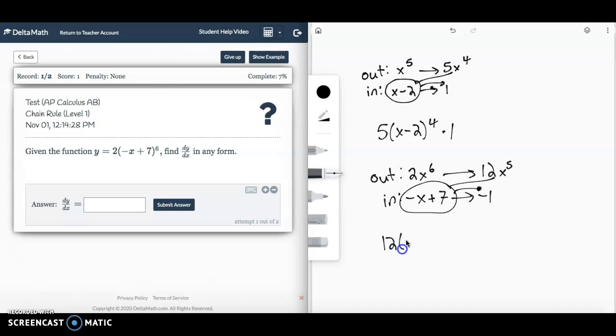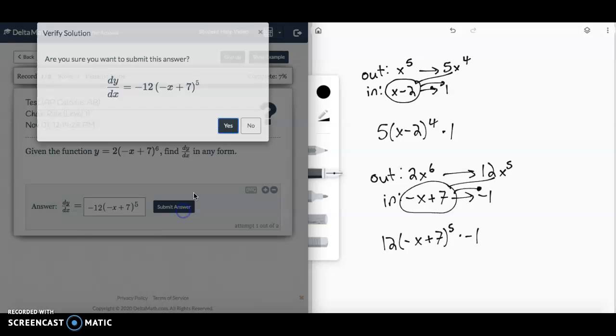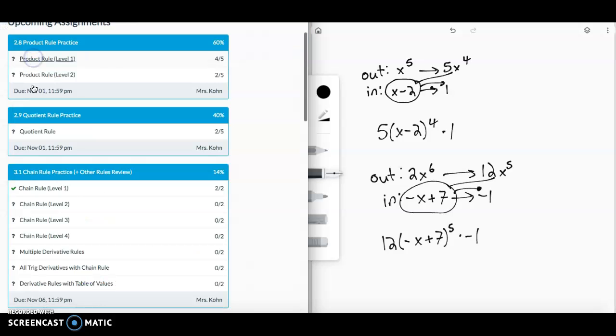So 12, keep my inside the same, to the 5th, times the negative 1. So my final answer is negative 12 (negative x plus 7) to the 5th. Voila. Alright, so that's level 1.